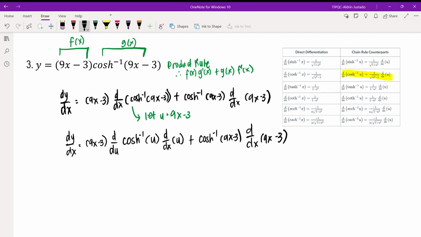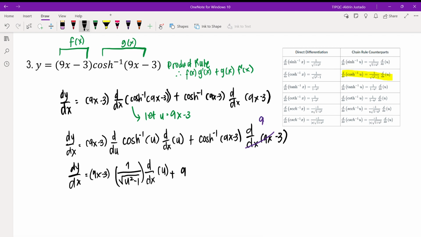Okay? dy over dx is 9x minus 3 times 1 divided by square root of u squared minus 1 times the derivative of your u plus, okay, this one is 9.